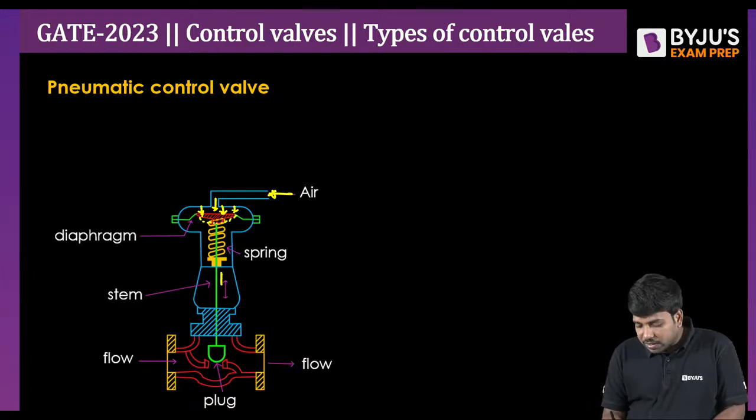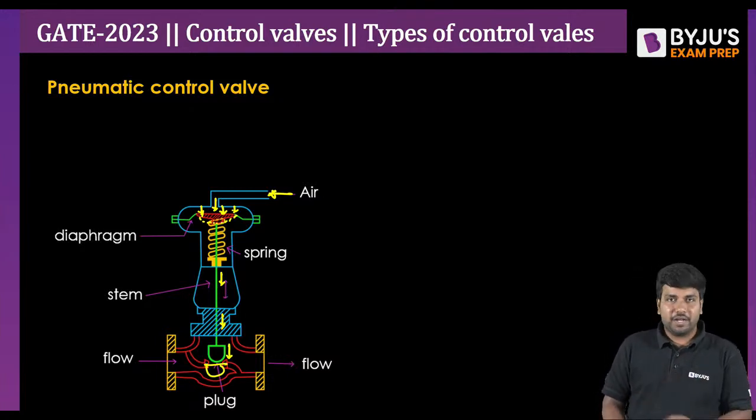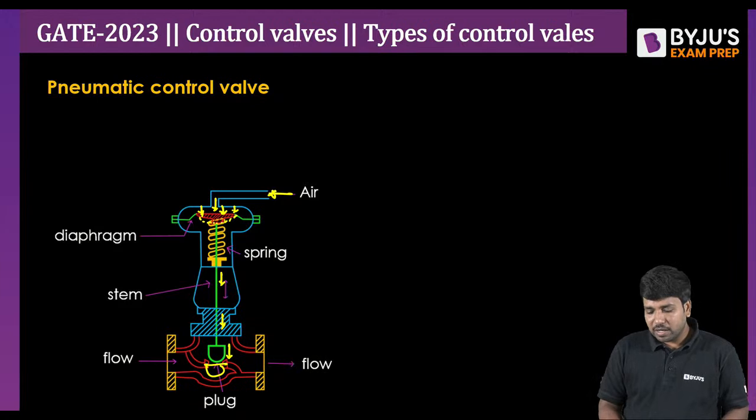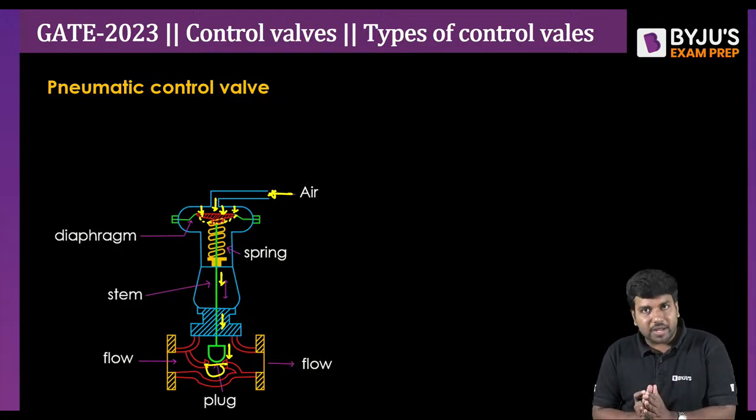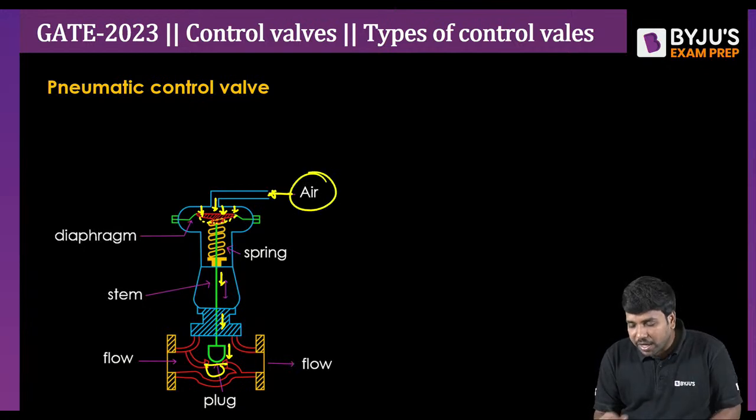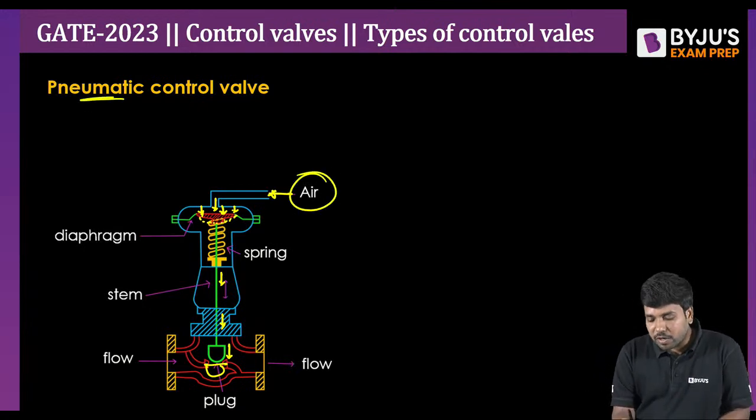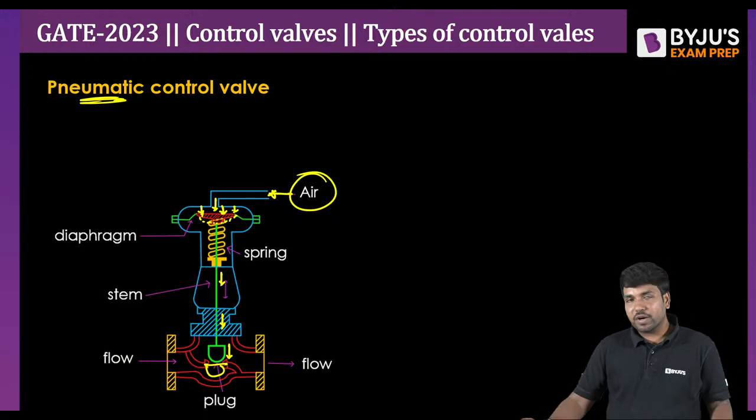As a result of that, the stem will be moved in the downward direction, and then the plug will automatically close the seating arrangement here, and then the output flow rate will be regulated or reduced. Clear? So as we are operating this entire valve with the help of air, we call this type of control valve a pneumatic type control valve.